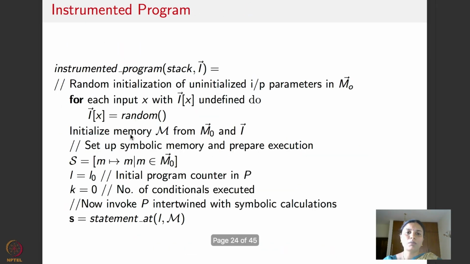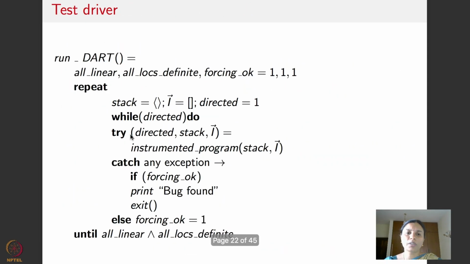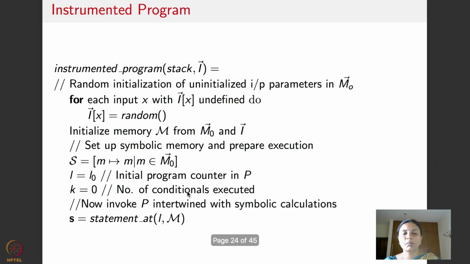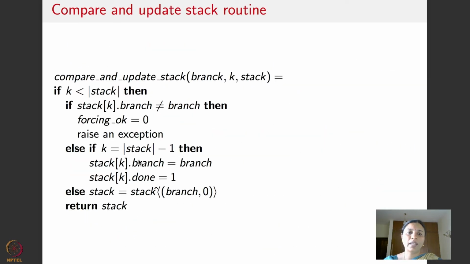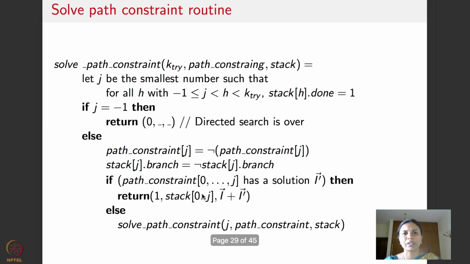Where is this Boolean variable forcing OK? It was here. So if forcing OK is ever set, then you can say a bug is found. Else, if the stack is like this, then you go ahead and normally update the stack branch. You remove it from the stack, pop it off, and then add this. Is this clear? These are just the normal stack operations that you're doing, right?